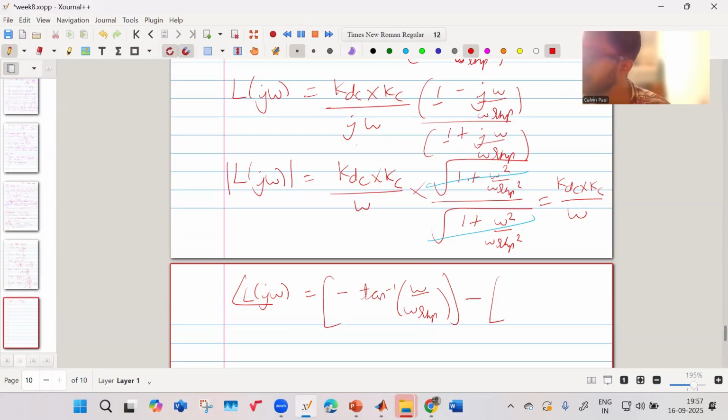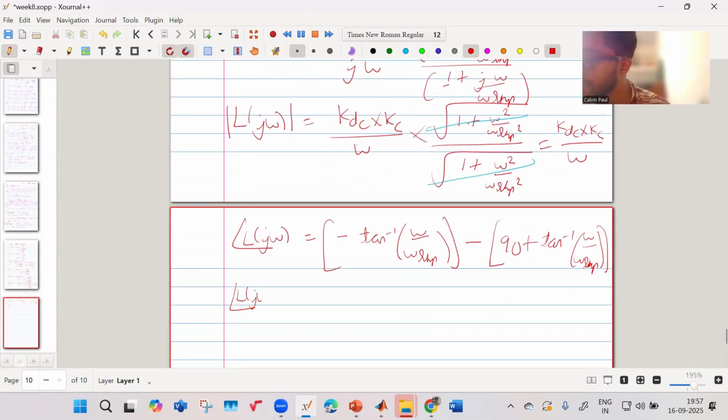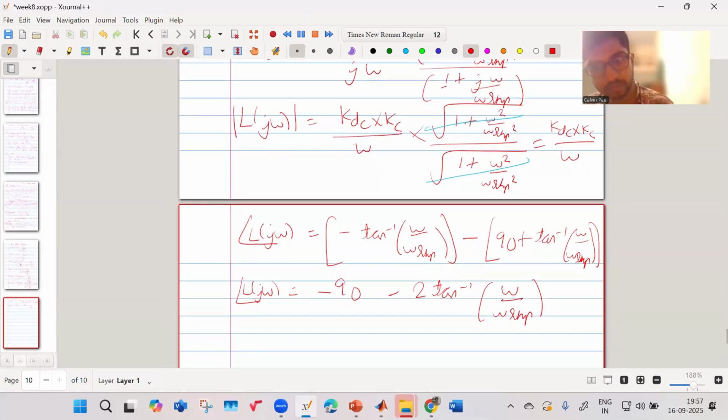Then minus your denominator contribution: j contributes 90 and this contributes tan inverse of omega by omega RHP, right? So your angle of L of j omega is actually minus 90 minus 2 times tan inverse of omega by omega RHP. Okay? Till this part, is it clear? Yes, sir.